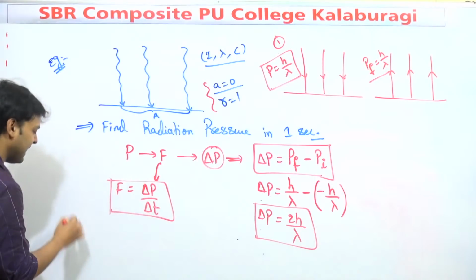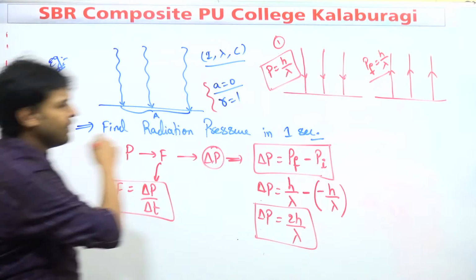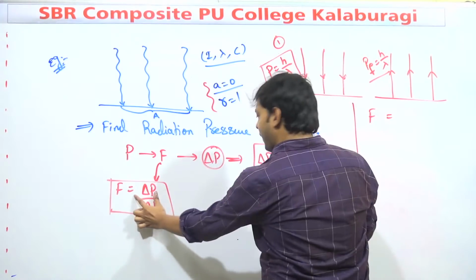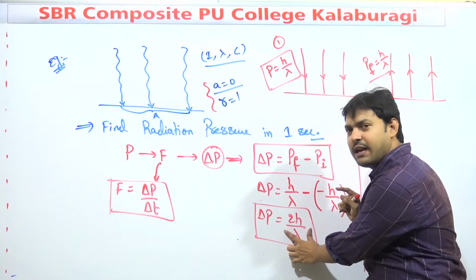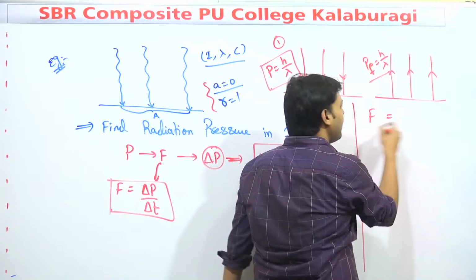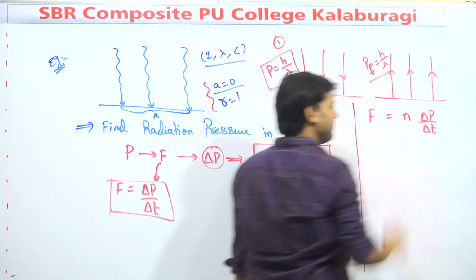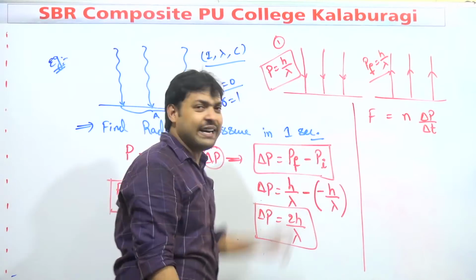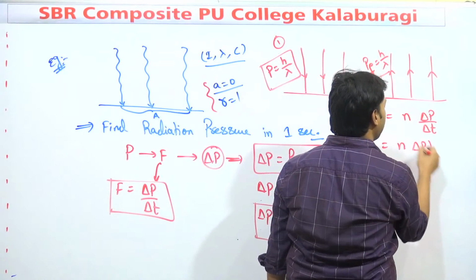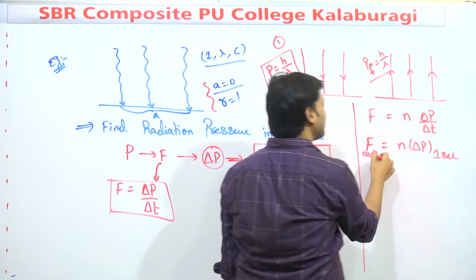So one photon's change in momentum is 2h by lambda. N number of photons, so force which is equals to n times of delta P by delta T. In 1 second I said, so F which is equals to n times of change in momentum in 1 second. That we call as average force also.